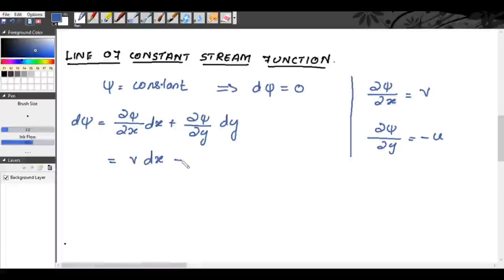Dou psi by dou y is minus u into dy. So from this, taking the slope of the streamline as dy by dx, and this is equal to 0, right? Because psi is constant, d psi is equal to 0. So dy by dx will be equal to v by u.